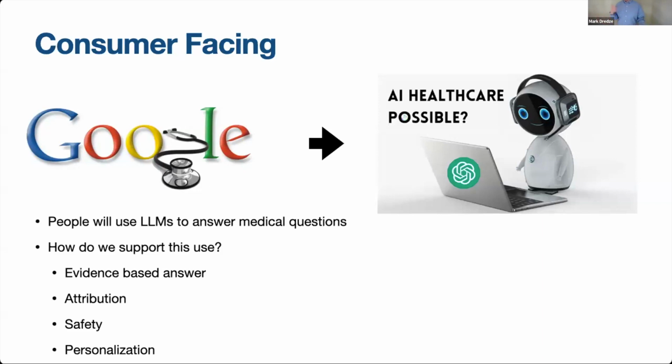So everyone knows that Google is a well-used source for medical information, right? I'm sure most of us, if not all of us, have used Google or Bing or some other search engine to ask medical questions. And there's a lot of work into ensuring those search systems give you good answers.